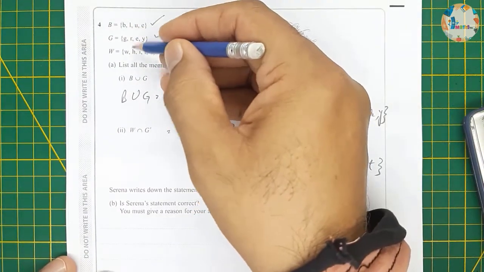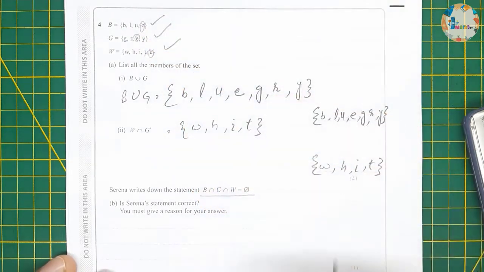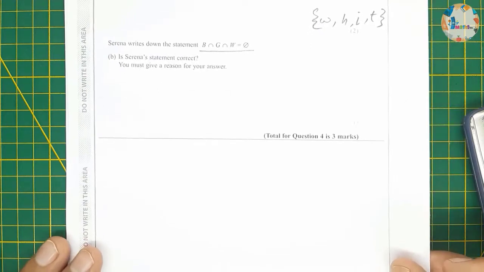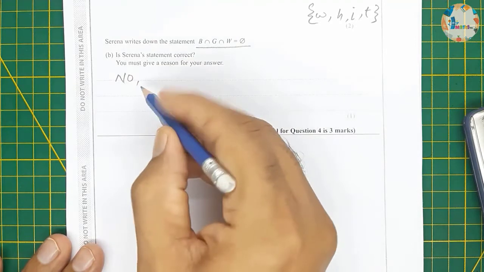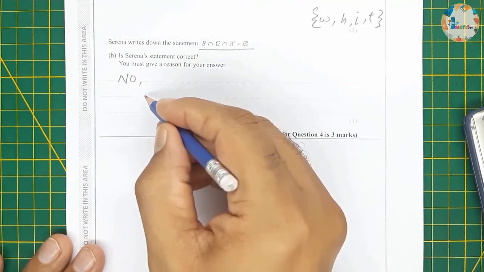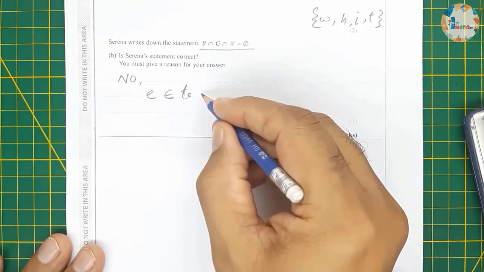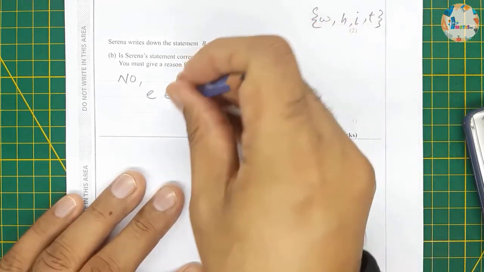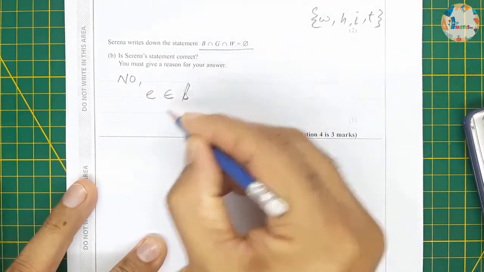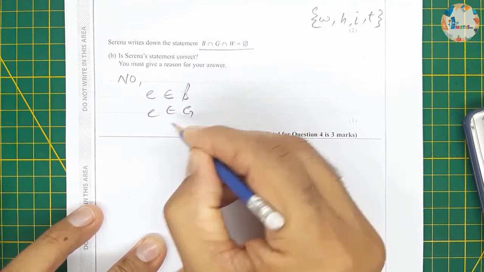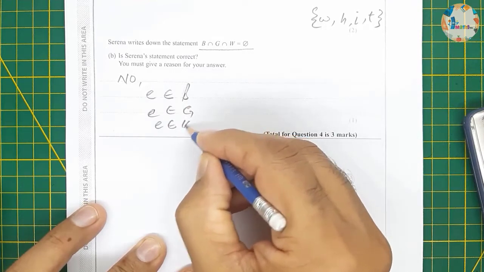B, G and W, E is common in all, so their intersection cannot be 5, so we will say no, and the reason is that E belongs to, we can write in mathematical language, E belongs to B, E belongs to G, and E belongs to W as well.